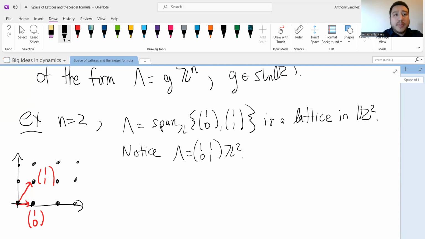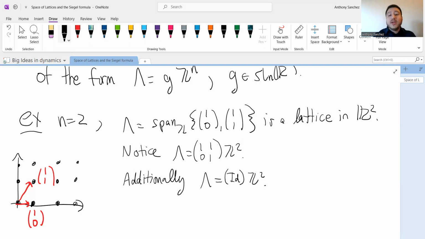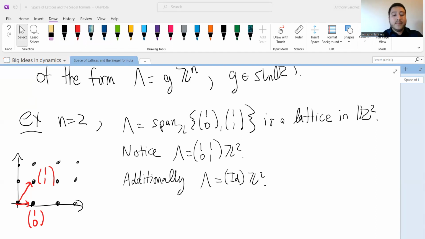And so I realize that additionally, lambda can be written as the identity matrix times Z2. So different choices of G may yield the exact same lattice. There's some redundancy in this definition.